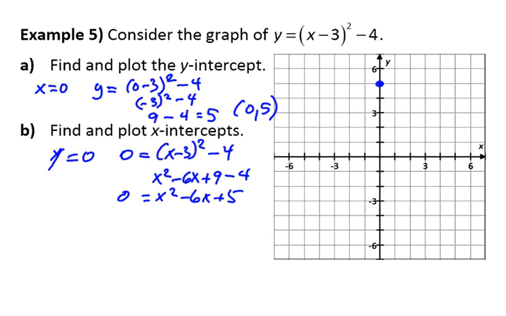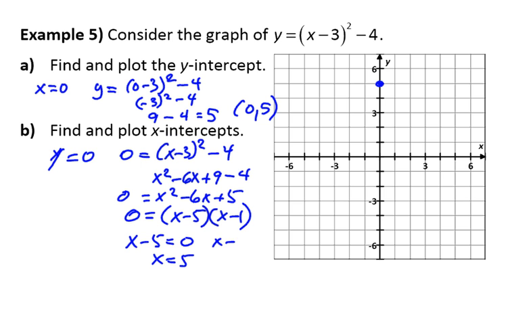Now we're going to factor it. So quick trinomial factor, AC method. That's going to be x minus 5 and x minus 1. So that means that we get 5 for an answer and we get 1 for an answer. So we have the point 5, 0 and a point 1, 0 for our x-intercepts, and we will graph those right there.